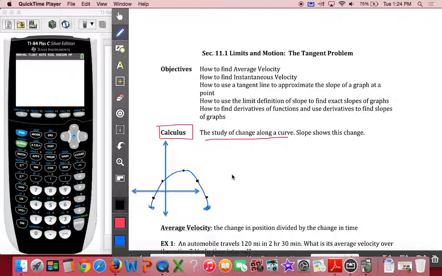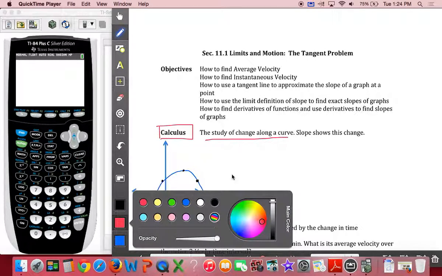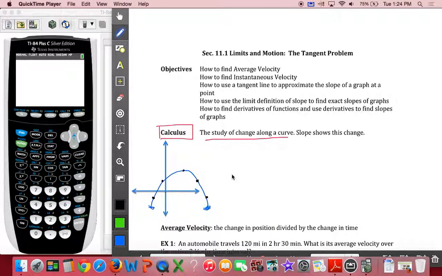And so if calculus is the study of change along a curve, the important aspect here is that slope shows this change. What item do you usually associate slope with? A line, right?